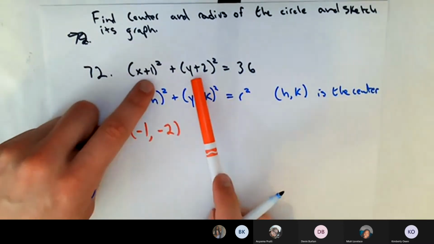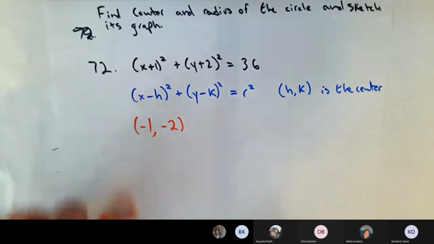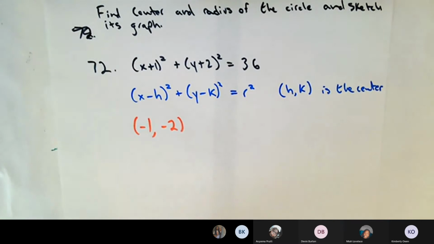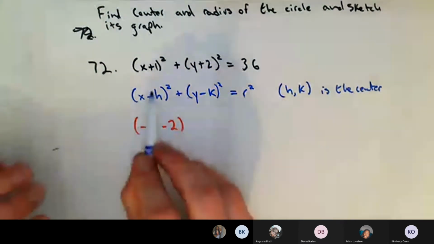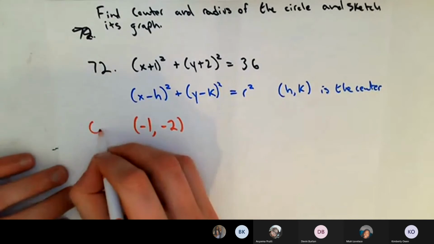So if you're seeing addition inside the parentheses, you need to account for that by negating those values. Now in number 71, you'll see that one of the values is already being subtracted, so you do not need to flip its sign. But I have to flip both of these here. So let me reiterate that this is the center.